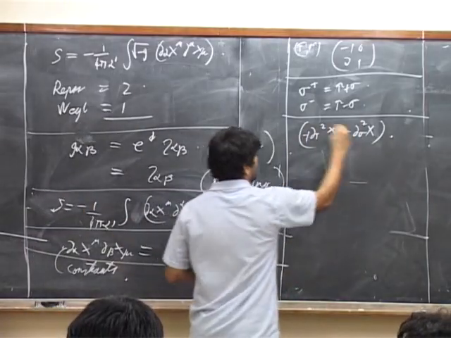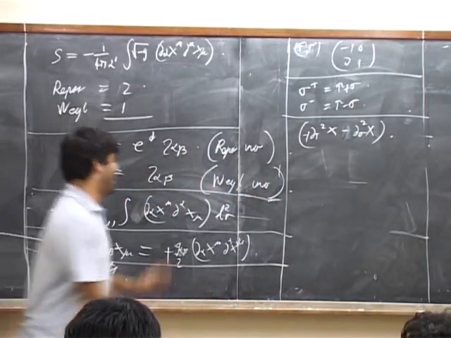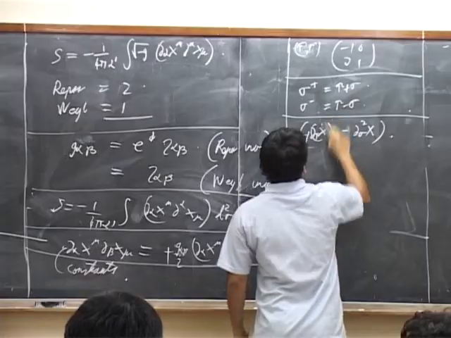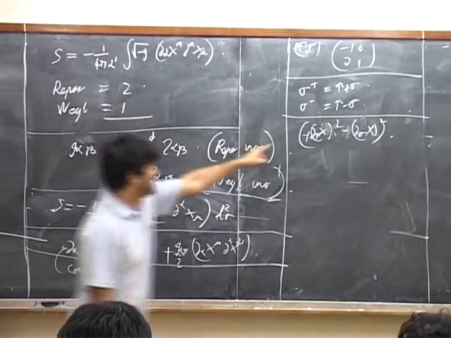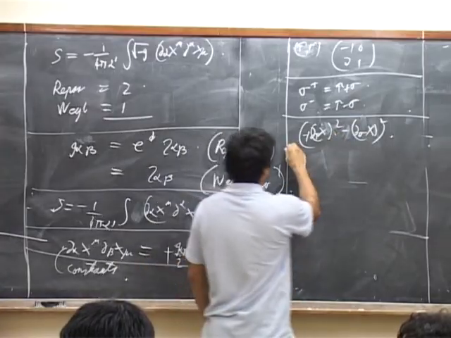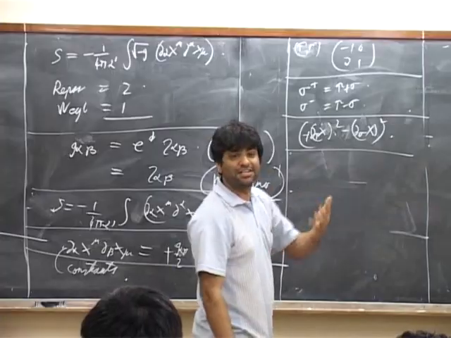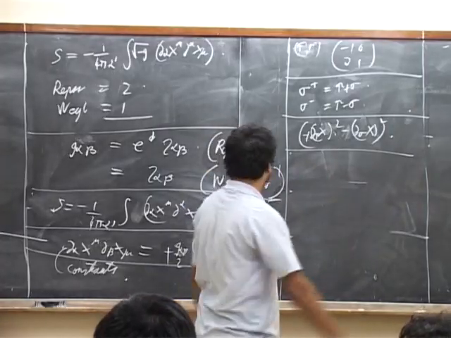But there's a minus sign, so this is plus and minus. Okay, and now let's see if we can find a simple expression in terms of plus and minus derivatives of x that gives us the same thing.